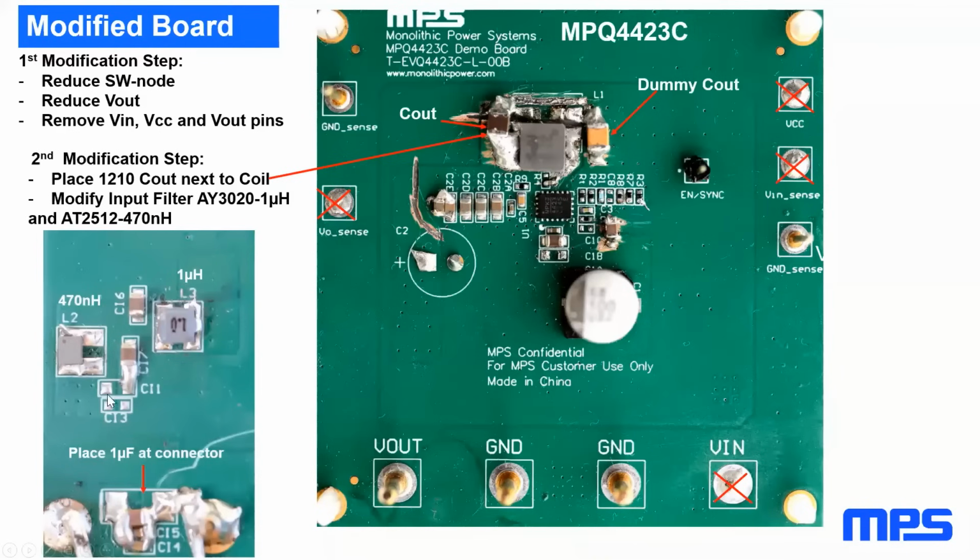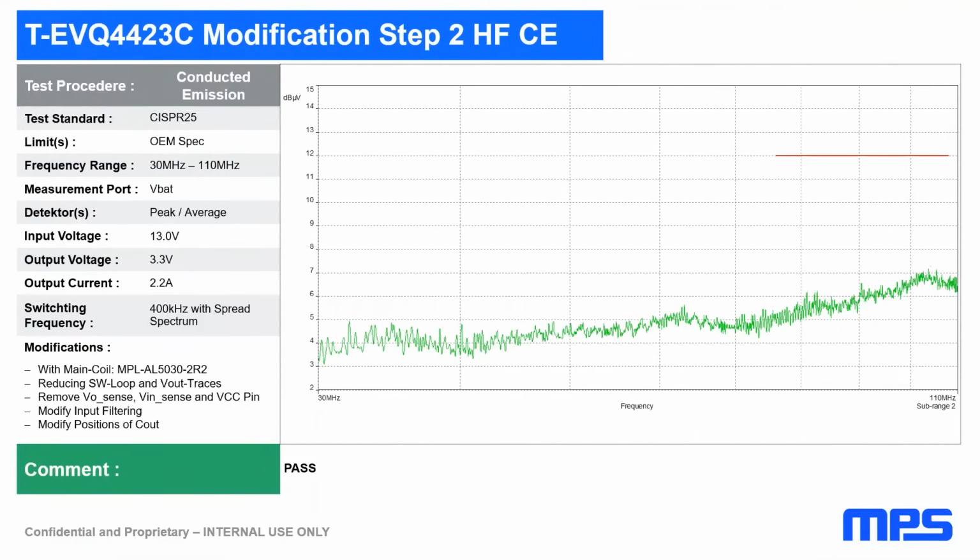We moved the components a little further apart and placed the final capacitors, 1 microfarad and 22 nanofarad, directly at the connector. Doing this, we see in the FM band, the high frequency range, another 2 dB improvement.